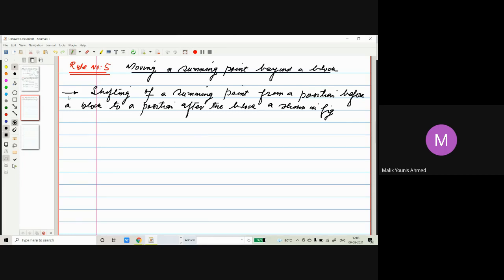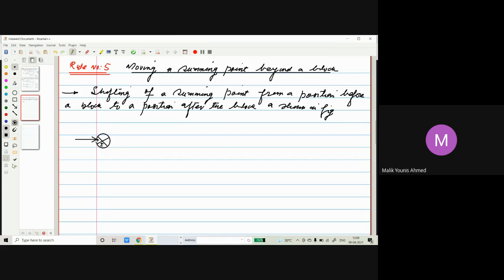What we'll be doing here, let's say the circuitry is like this. We have a summing point. We'll draw a summing point here. This is a summing point. Signals go to the summing point, here plus and minus.